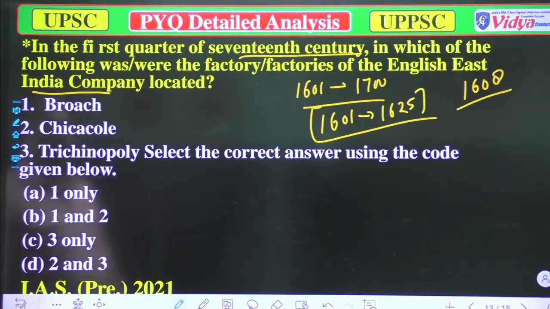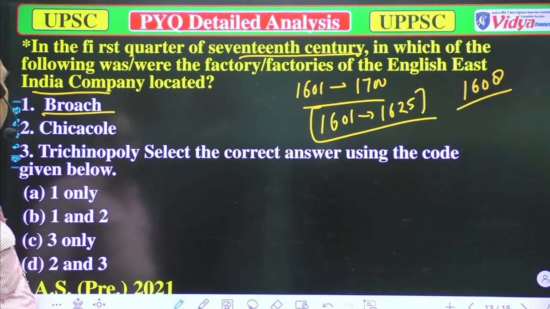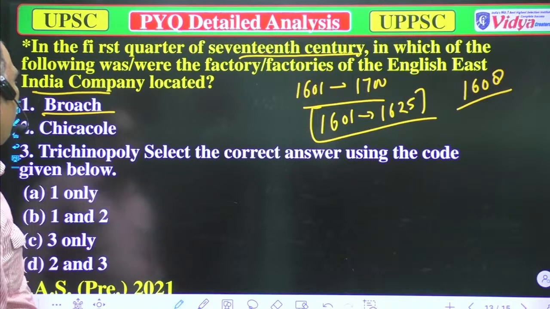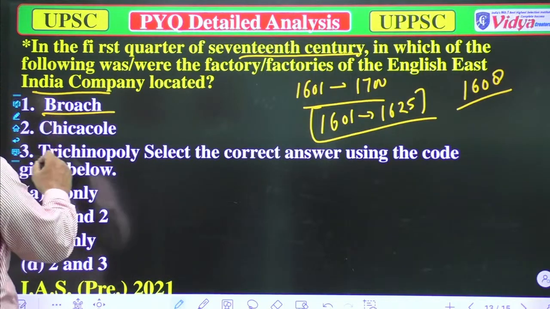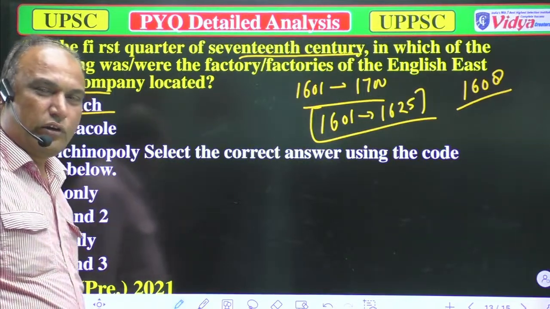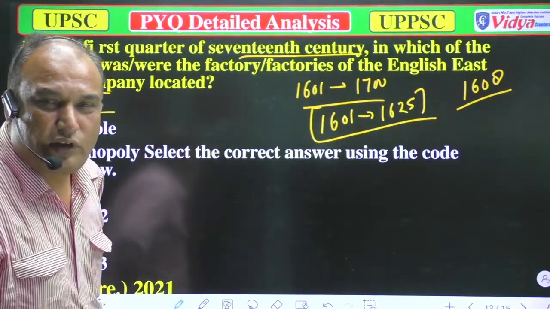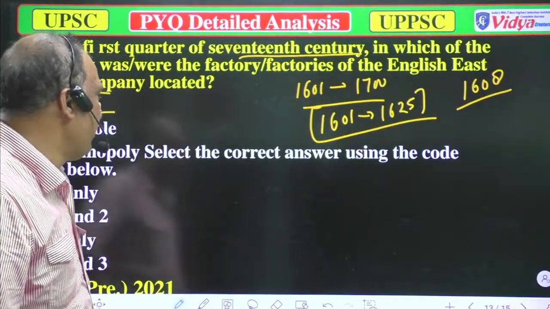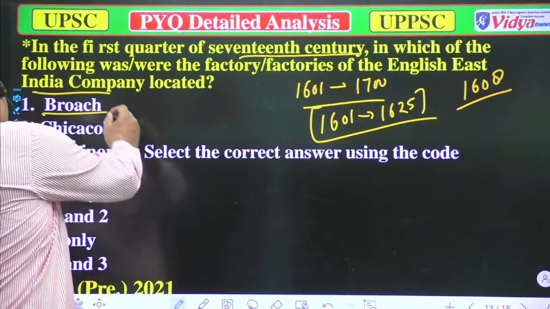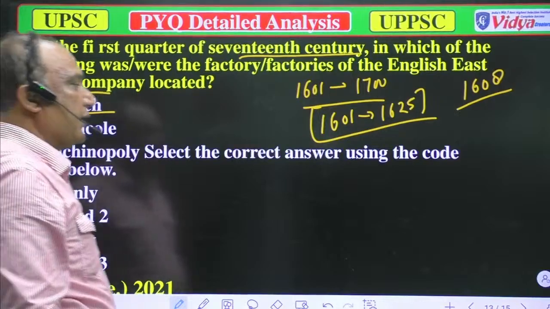Trichinopalli was not established from 1601 to 1625. That was Bharoch and Chikakole. These two answers are correct.